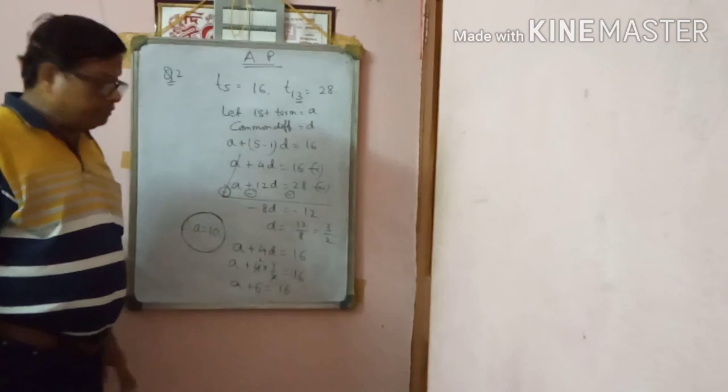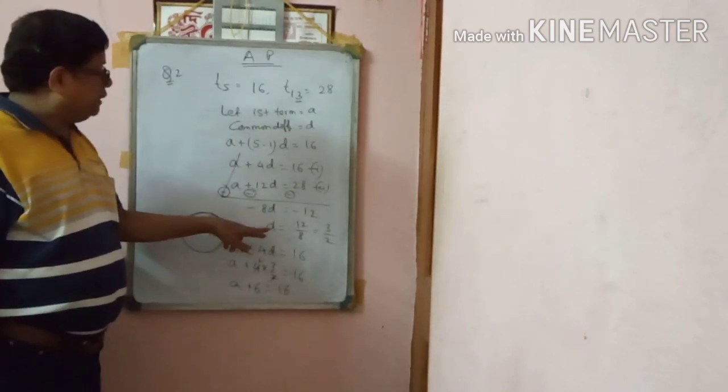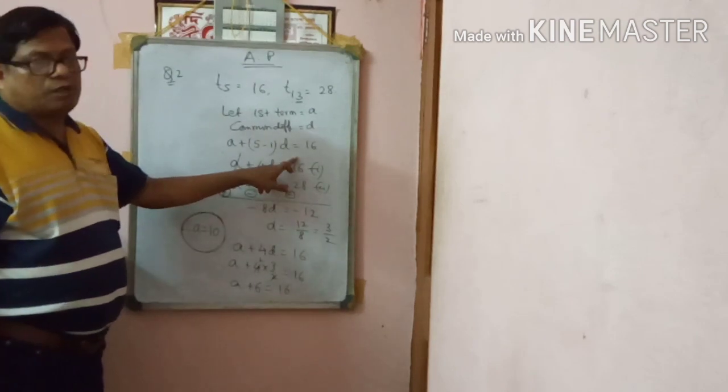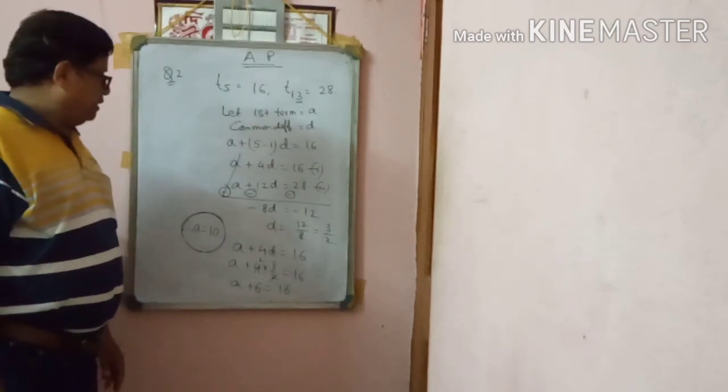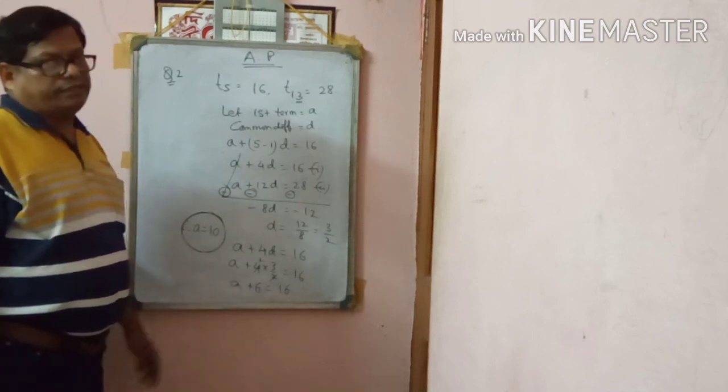Then solve to get D equal to 3 by 2, and put the value in any one equation to get A: A plus 6 equal to 16, A equal to 10.